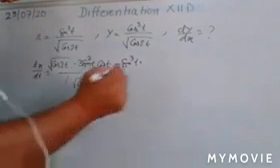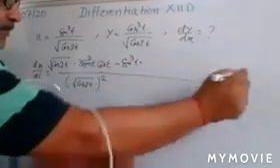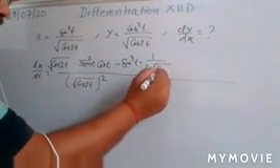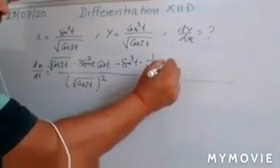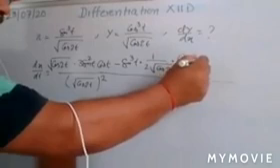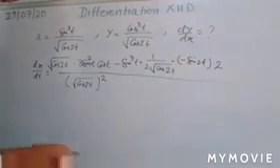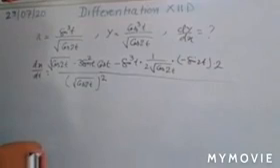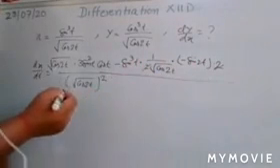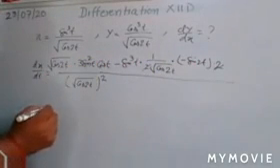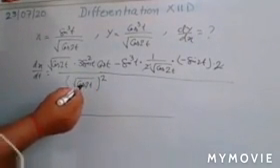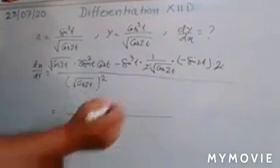That is in the form of root x. Here you write 1 upon 2 under root cos 2t, and the differentiation of cos 2t is minus sine 2t into 2. So this 2 and this 2 cancel out, and taking LCM and simplifying, you have cos t, and the root power is also there.